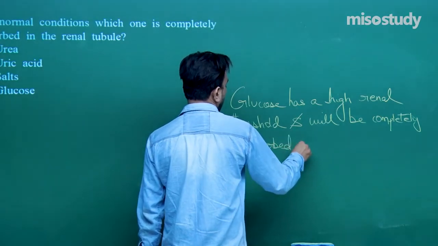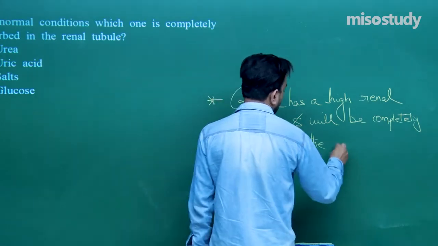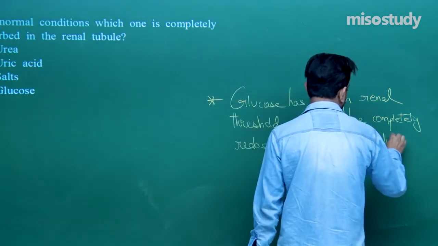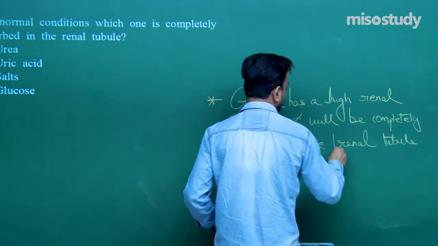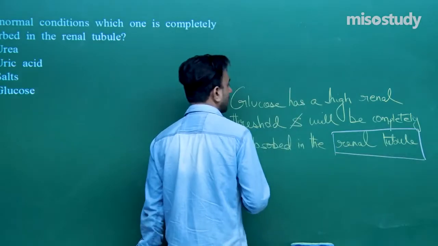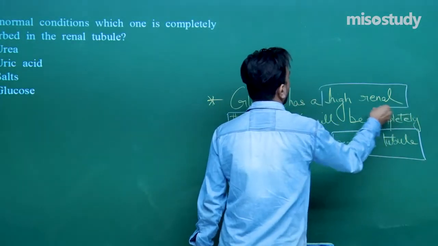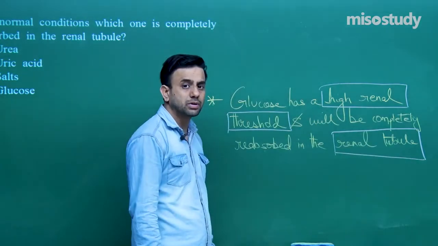Right. So glucose has a high renal threshold and will be completely reabsorbed in the renal tubule.